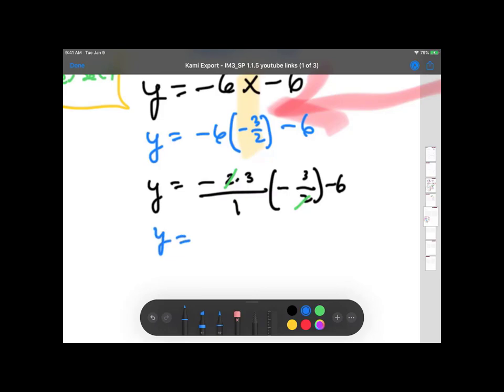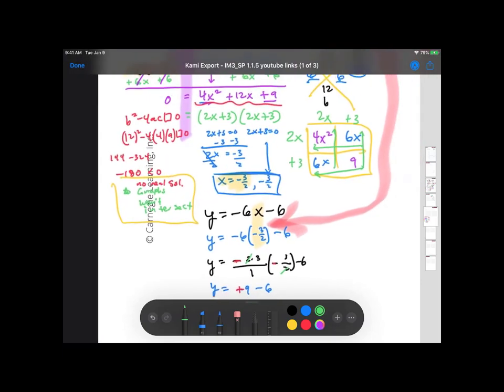So I'm left with negative 9 minus 6. Negative 18 divided by 2. Negative times a negative is a positive. So, why do I get a 3? Let's take a look.